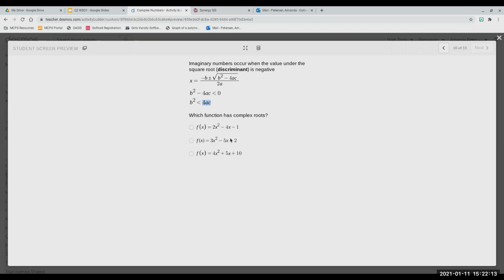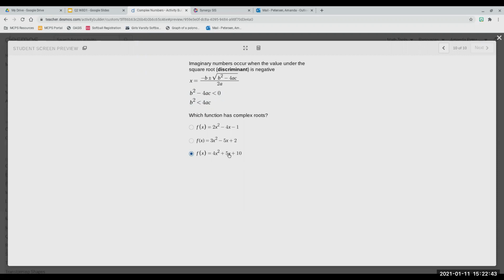So compare these three functions. Using what we just learned, which one is going to have a non-real solution, or which one's going to end up with an imaginary number in the solution? Go ahead and try, pause the video, and then check back in. Okay, after going through, you should have found that this last one right here is the one that's going to have an imaginary number.